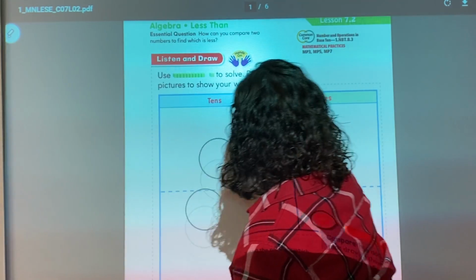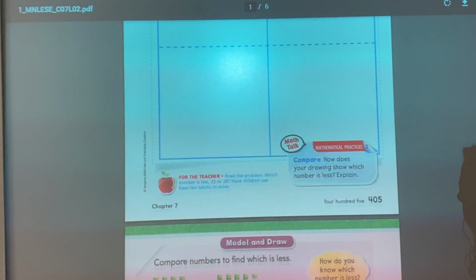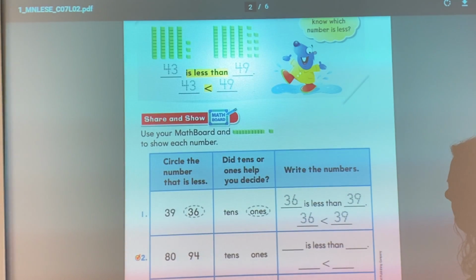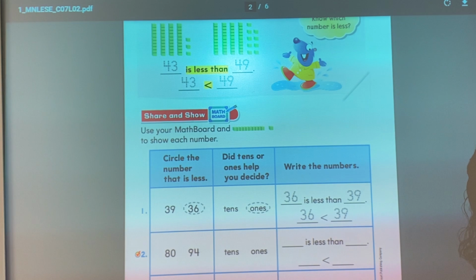So that's what we're working on today. This is model and draw, compare numbers just like we did with the greater than. Now we have to decide which is less.